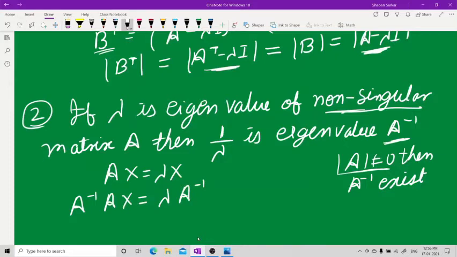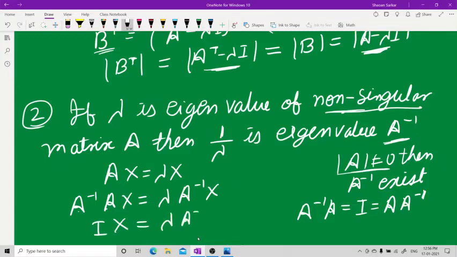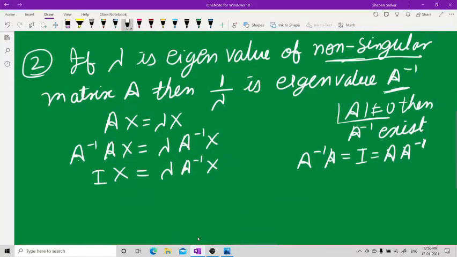I can keep it out this way. A inverse A is equal to the identity. From this concept, I can write identity into x is equal to lambda A inverse x. Now I into x will give me just x, because it's an identity matrix. So x equals lambda A inverse x.